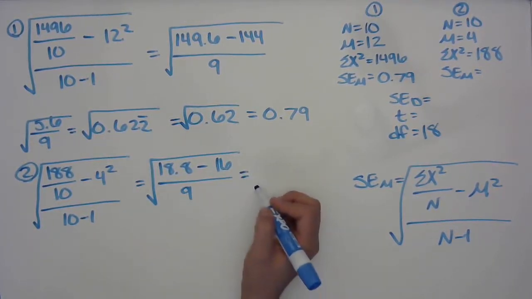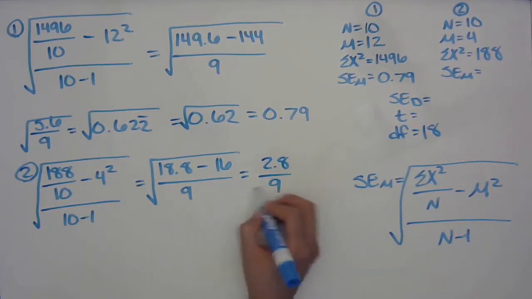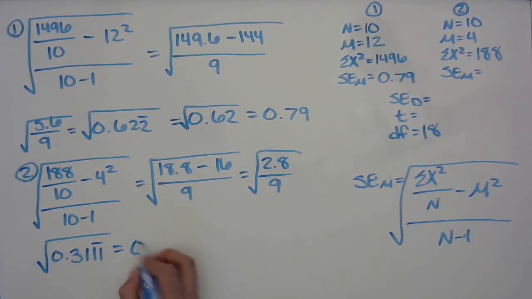Okay, so 18.8 minus 16 is 2.8 over 9. Okay, go ahead and divide that out. That will give you 0.3111, and that repeats. So we're going to go ahead and round that, 0.31, okay?